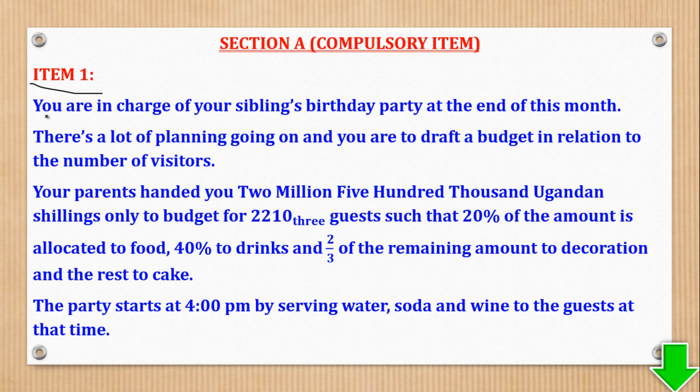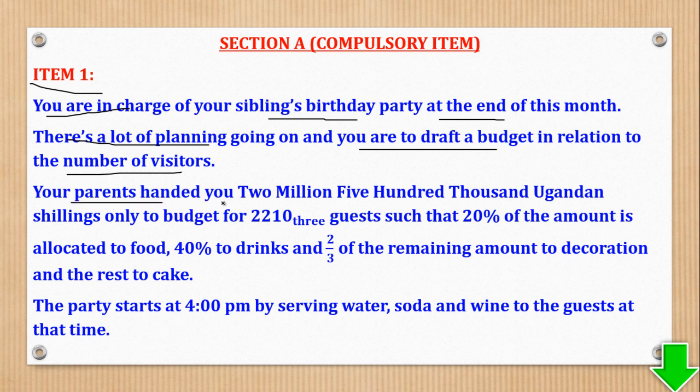Item 1 says, you are in charge of your sibling's birthday party at the end of this month. There is a lot of planning going on and you are to draft a budget in relation to the number of visitors.